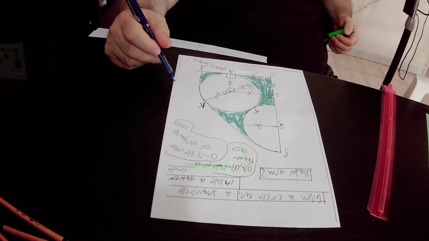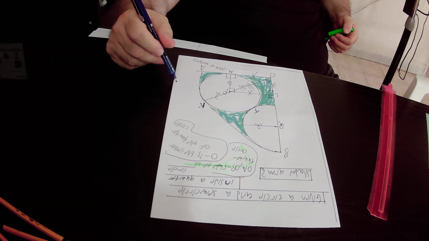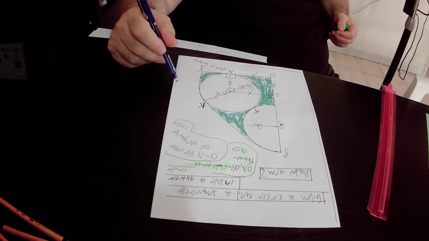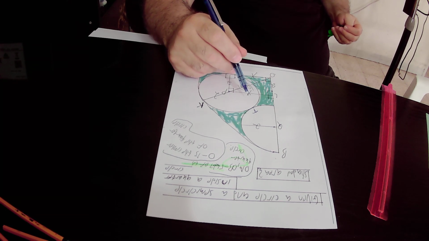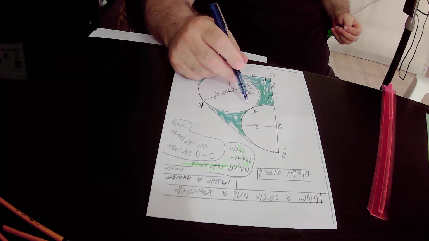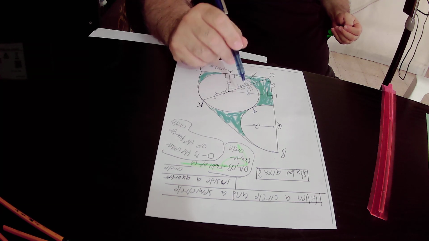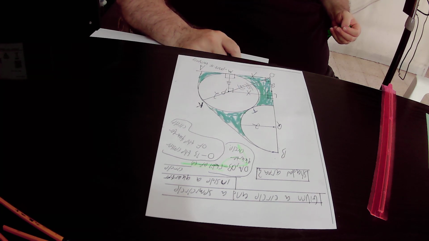Actually, at point T, those two circular shapes have an external touch between them. That is to say, at point T, the circle and the semicircle are touching each other externally.